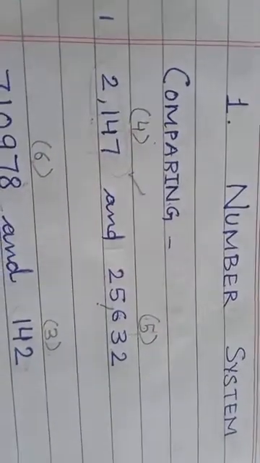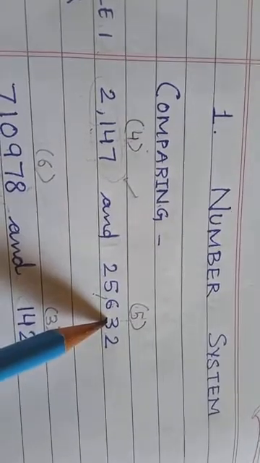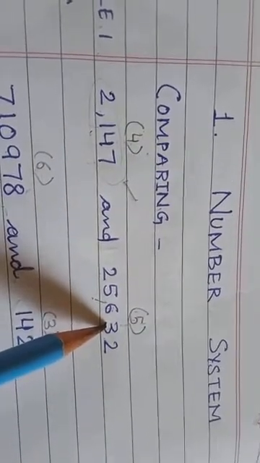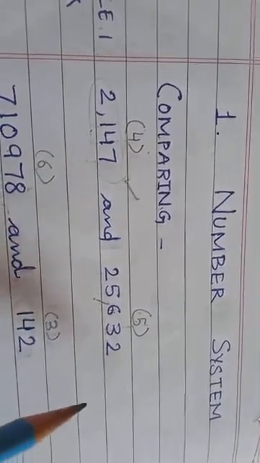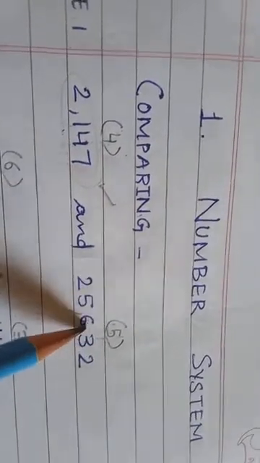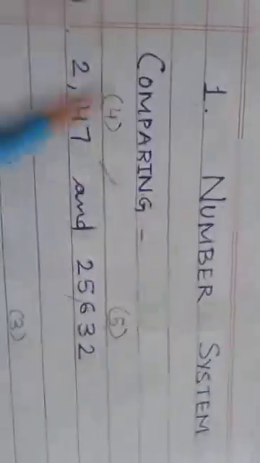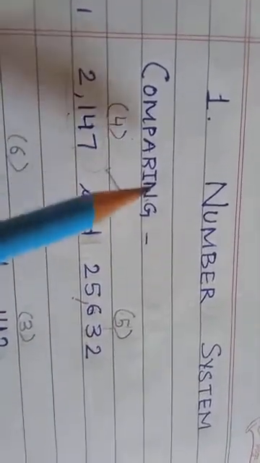When I am comparing, it means whether these two numbers are less than, equal to, or greater than each other. For comparing these two numbers, I need to know the first rule: check the number of digits in each case.